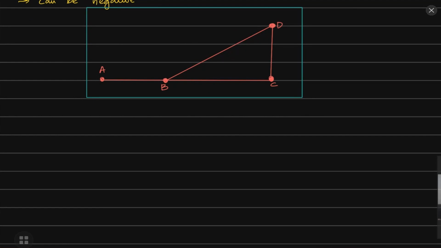So let's suppose I'm traveling from B to C and from C to D.